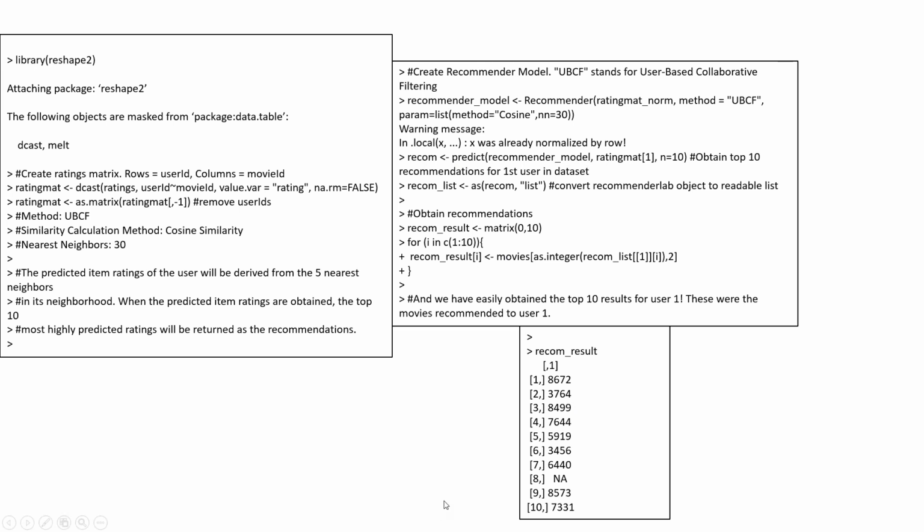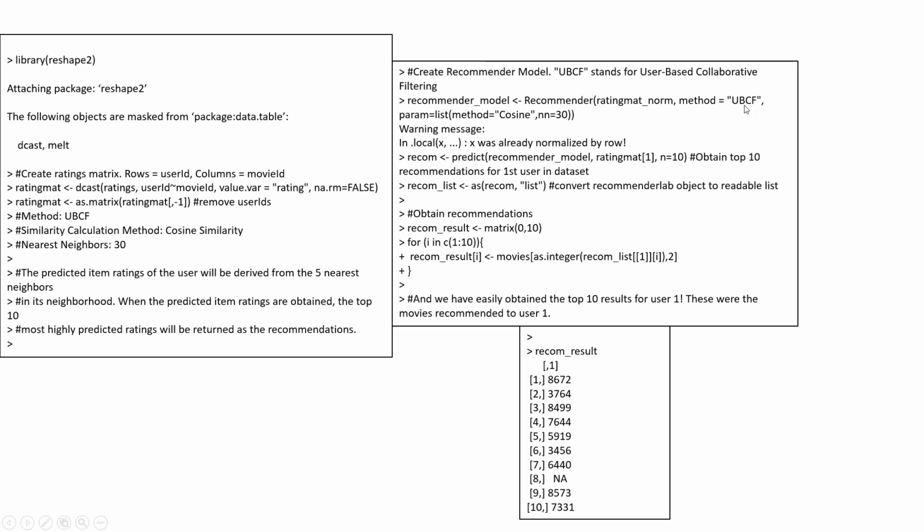So let me go back. The recommender model is basically using a package called recommenderlab. Are you able to read this one? Yes, sir. Okay, very cool. That package gives me a command called Recommender, and then I use the rating matrix, normalized, which means user bias is removed. That's why we normalize it.